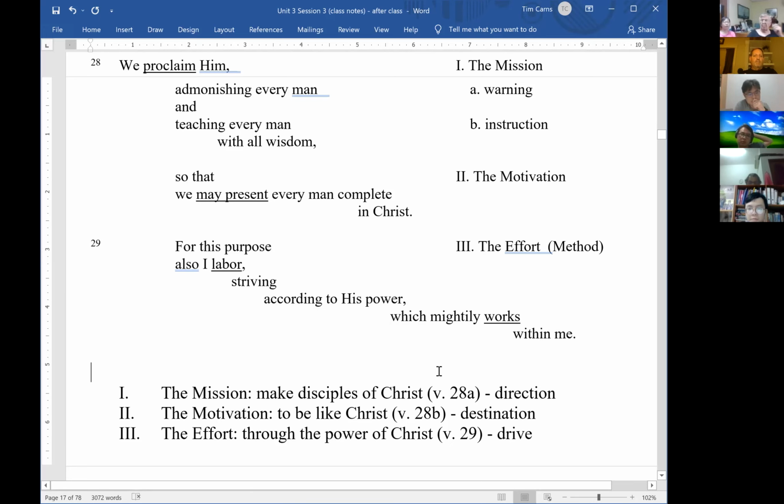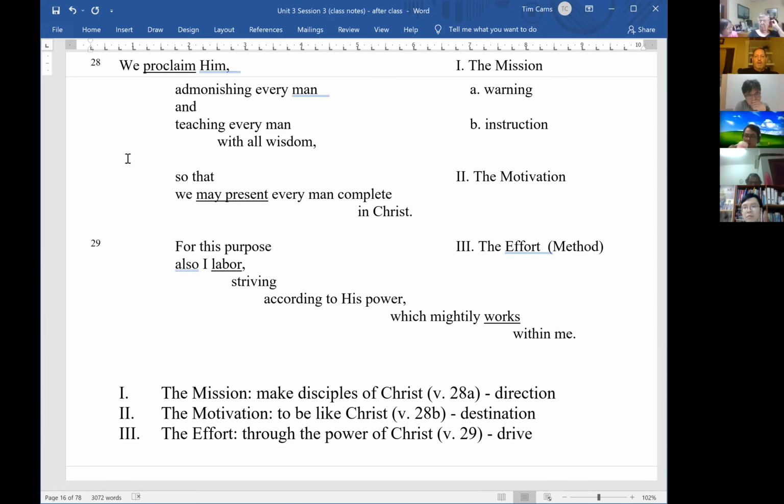It's an effort that I make being powered by the Spirit to carry out that effort. But all three of these pieces are very important. Obviously, the mission is this focus. All right. We proclaim Christ. How do we do that? Through admonishing and teaching. It's really a reflection of the Great Commission. Honestly, this is Paul's application of the Great Commission, I believe. And that's how I would explain it in verse 28.